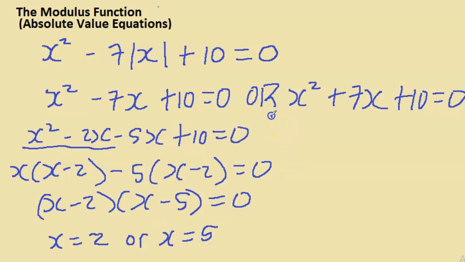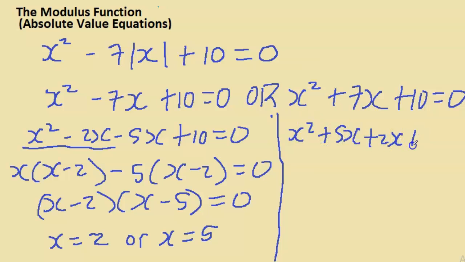Let's come over here now and solve. Again, we factorize the same way. Rewrite the 7x as 5x plus 2x or 2x plus 5x. It doesn't matter which you put first. Factor by groups. You get x bracket x plus 2 plus, sorry, x bracket x plus 5.